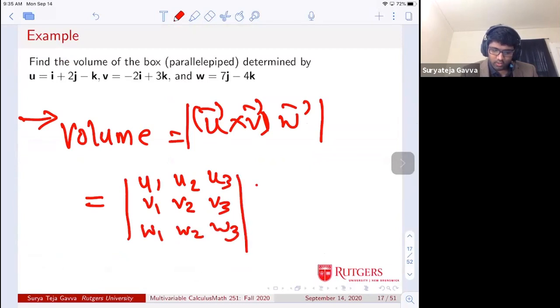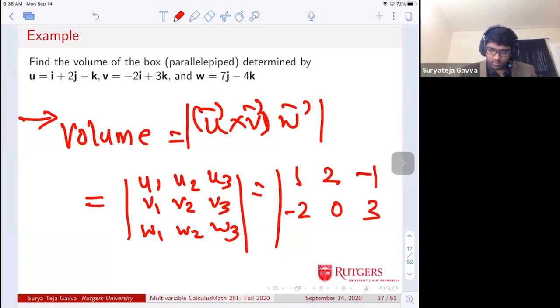In this case, that is 1, 2, -1, then 0, -2, 0, and 3, and then 0, 7 and -4.